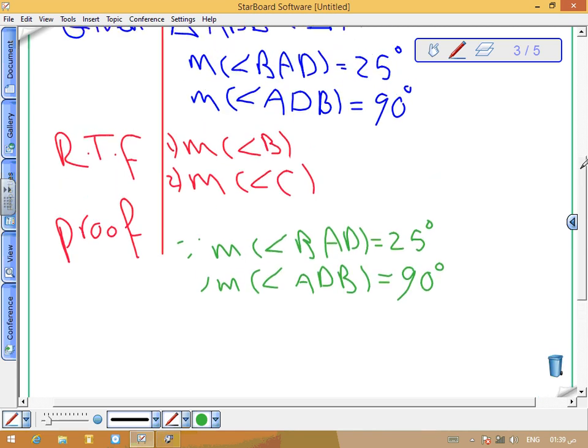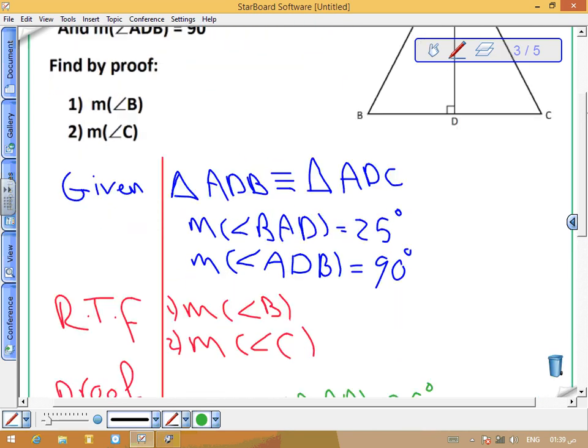So from here we can find the measure of angle B.